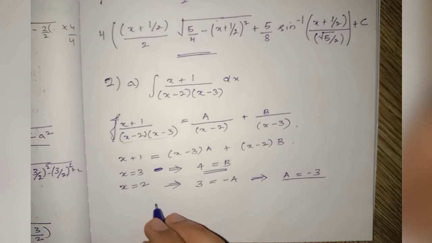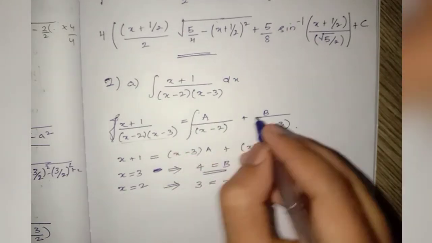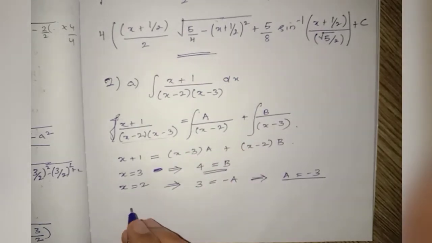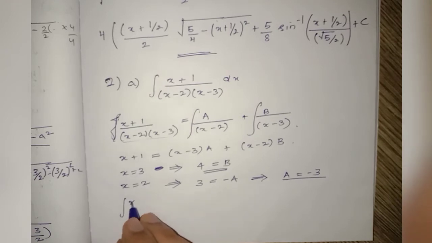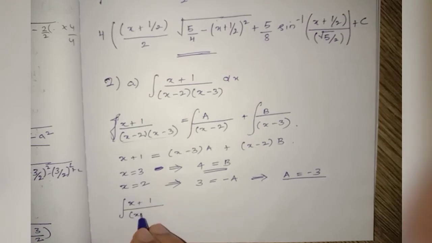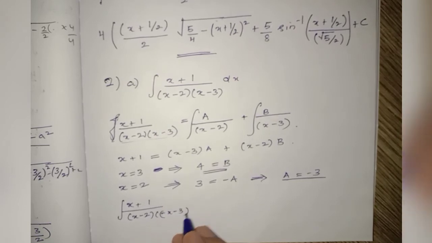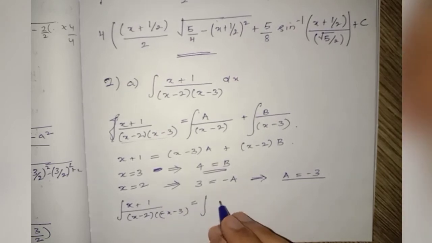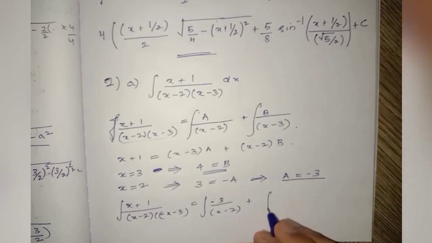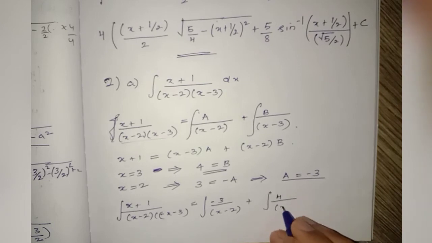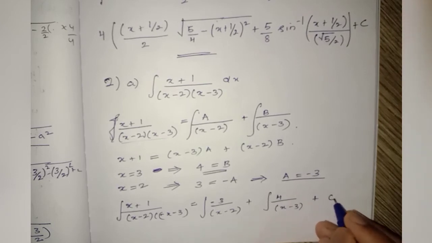So if we write the problem again, we get integral x plus 1 by x minus 2 into x minus 3 is equal to integral minus 3 by x minus 2 plus integral 4 by x minus 3 plus c.